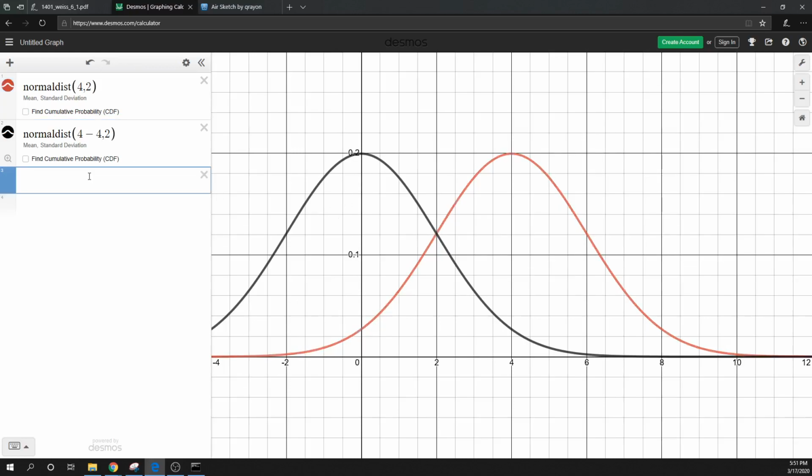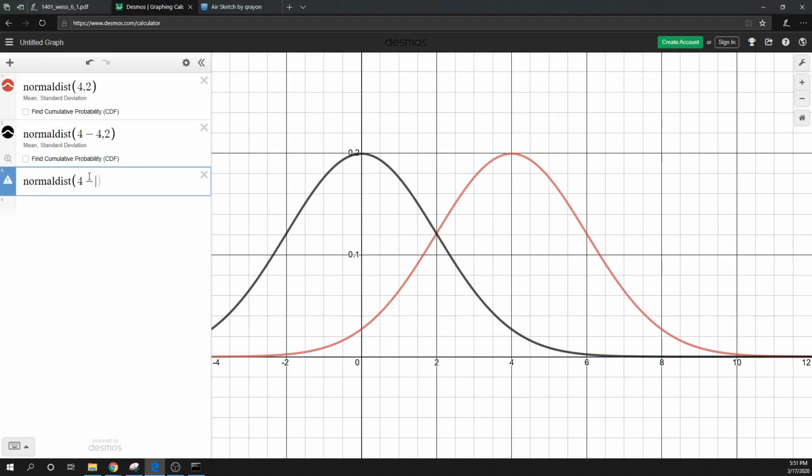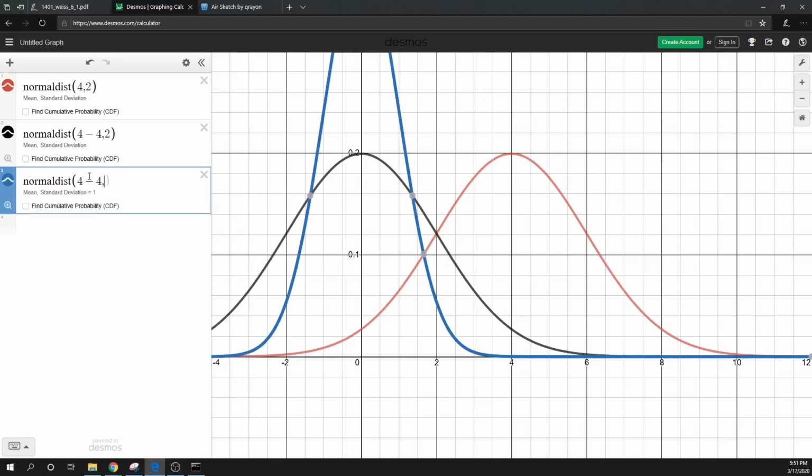And then finally, when you are dividing by the standard deviation of the original one, which is 2, that will make this number in here 0 and this number in here 1.